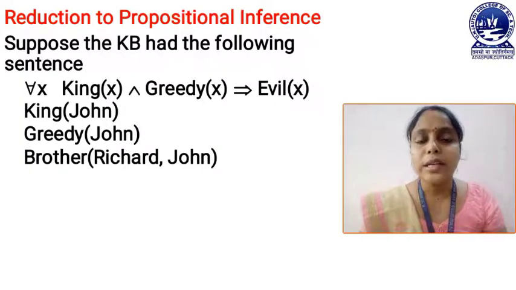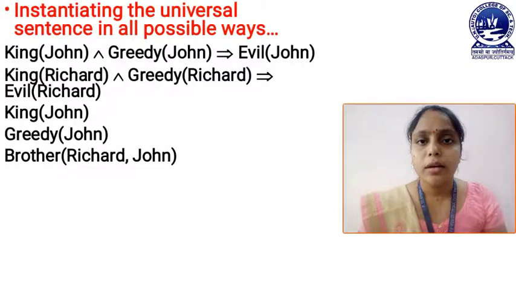Now from these sentences we infer new sentences. Look here: King(John) and Greedy(John) implies Evil(John). This sentence is inferred from our old sentence, for all x, King(x) and Greedy(x) implies Evil(x). Here in place of x we substitute John. That means in our knowledge base sentence we replace the variable x by John.